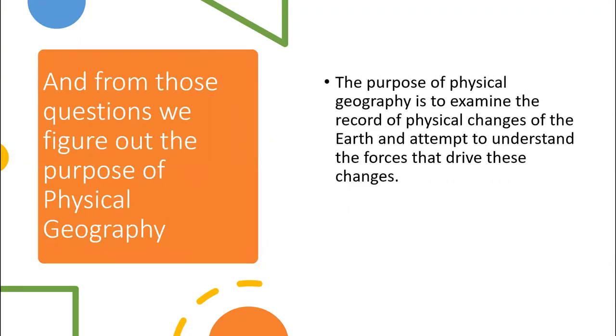And from those questions, we figure out the purpose of physical geography. So what is the purpose of physical geography? It is to examine the record of physical changes of the Earth and attempt to understand the forces that drive these changes. Why does a river go one place and not another?